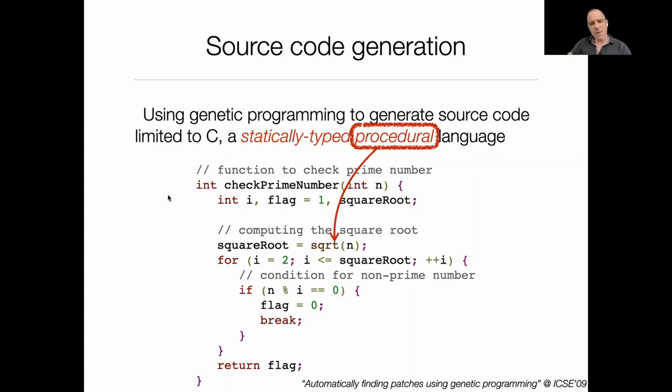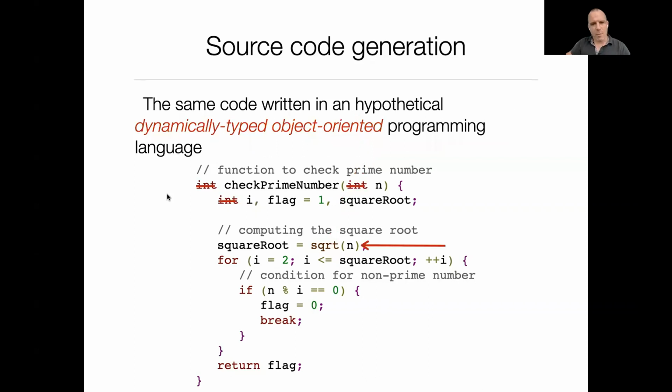With the same piece of code written in a dynamically typed object-oriented programming language, things are very different. Even though on the surface it looks a bit similar, there are some profound differences. For example, for all the variables, there is no type information. It means that we do not know, for example, that n must refer to an int, or color a string, whatever. It's just a variable, and we have no idea, when this function is called, which kind of value we should provide.